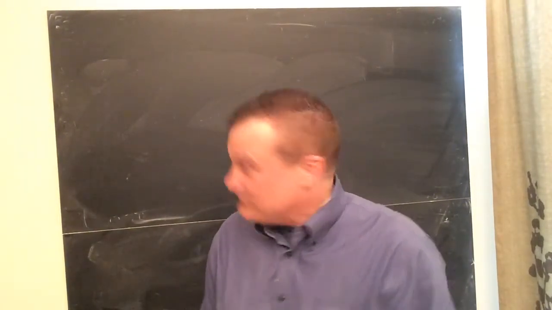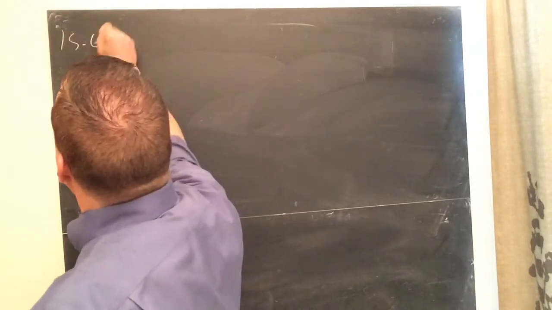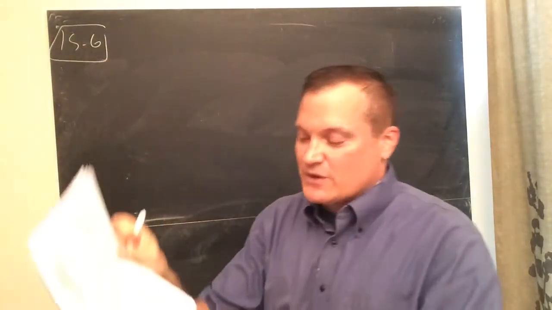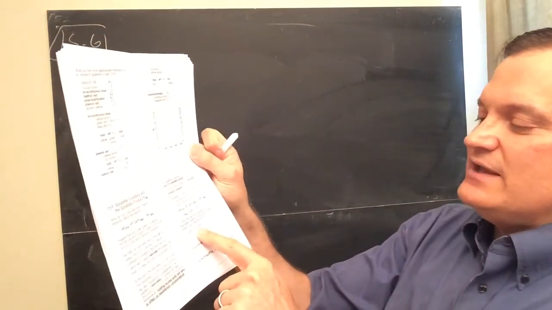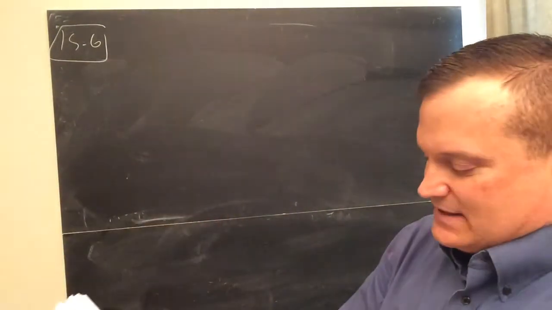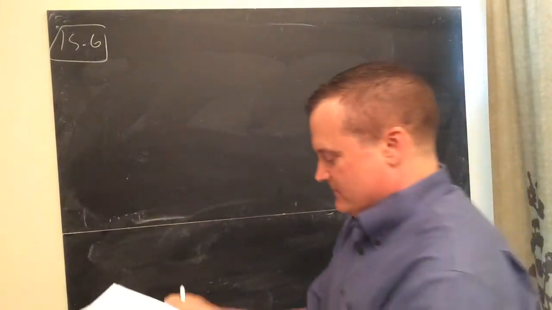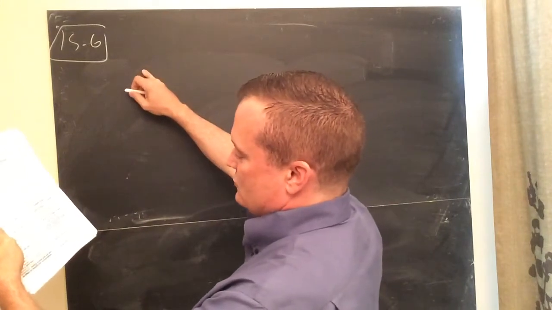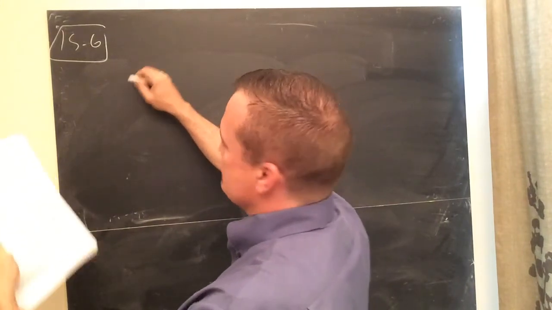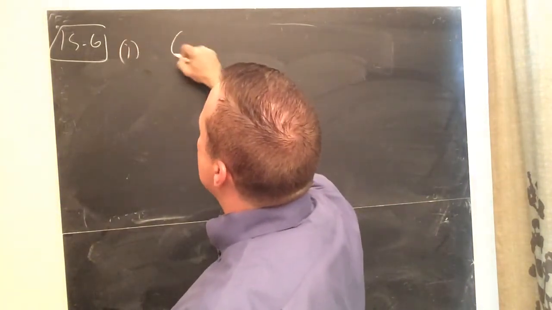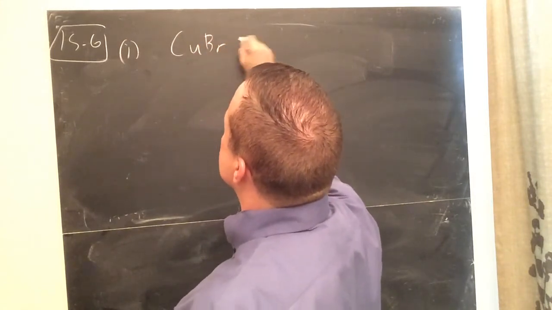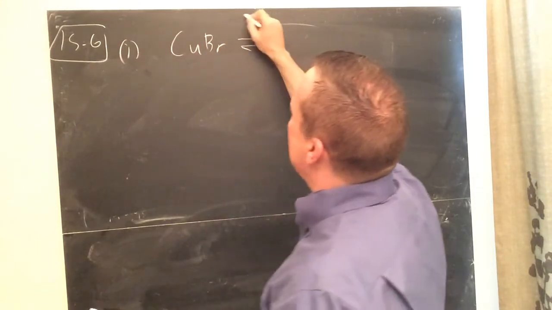Okay, so the first thing I'll do, 15.6, it says, like you'll do in the worksheet, write the balanced equation for the following and write the Ksp expressions for these that are listed on the paper. One says copper 1 bromide, dissociation. So copper 1 bromide, CuBr, if it dissociates, it'll be in water.